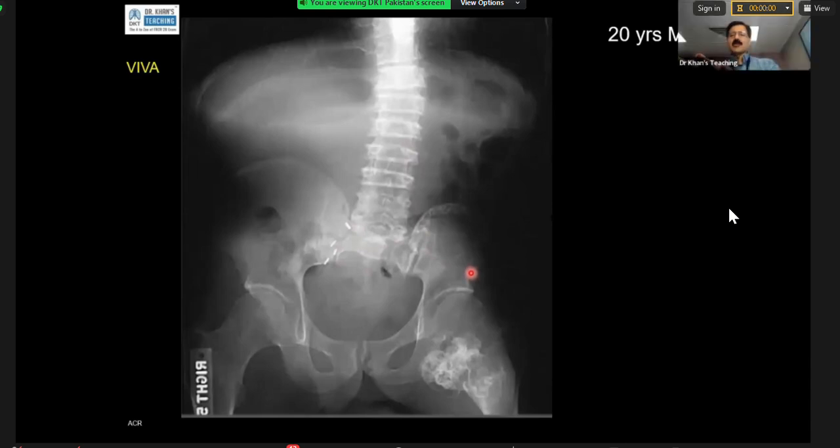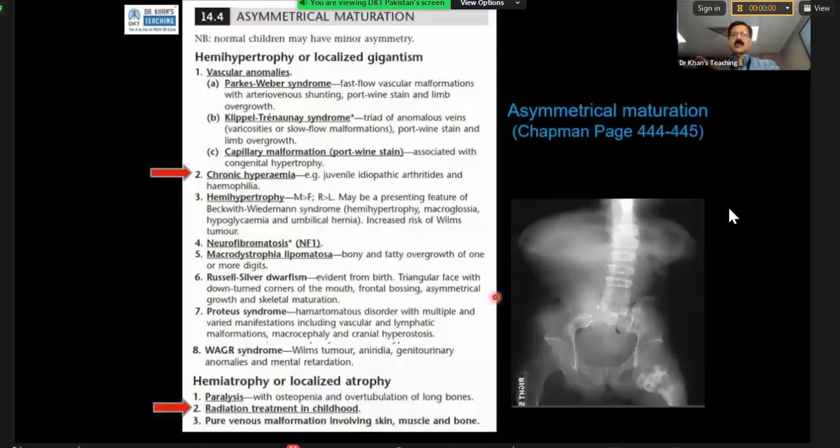Okay, fine. So this is a classical story film. This is a classical exam case. It tells you a story. The story is written there. Let me tell you, first of all, there is a differential diagnosis in your book, 14.4, asymmetrical maturation.